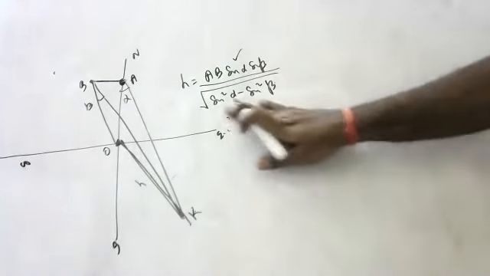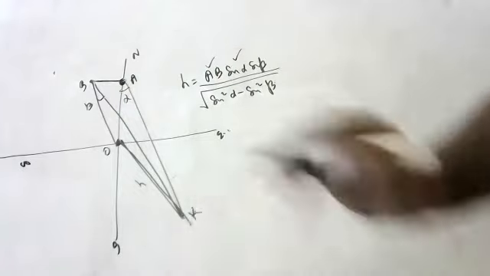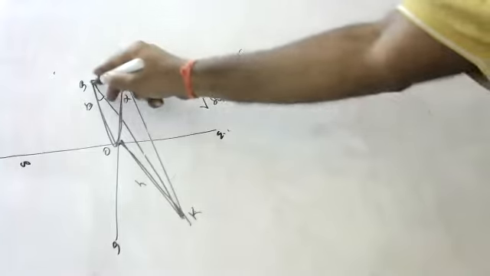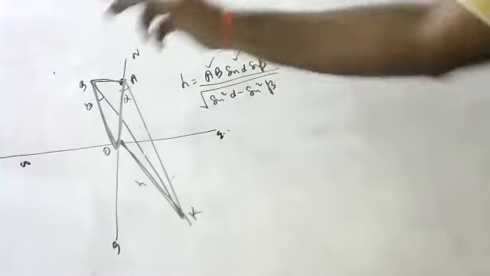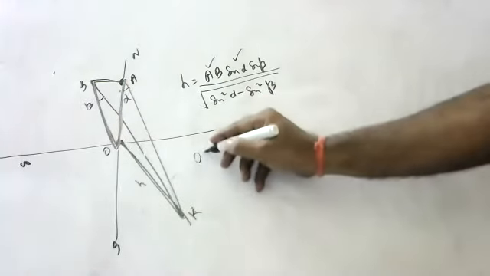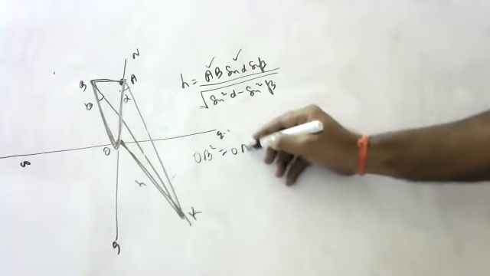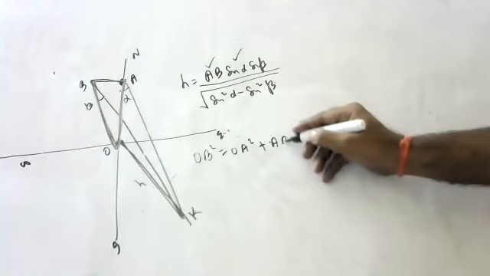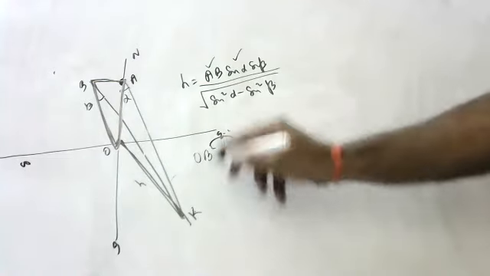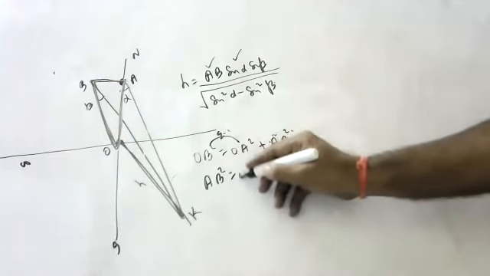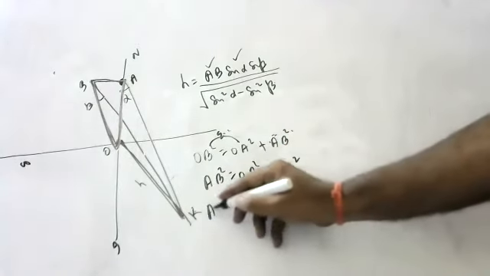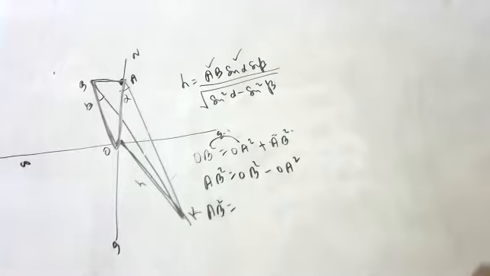Let me do one thing, children. Somehow I want AB, which means I want this boundary. Can anyone tell me the Pythagoras theorem for OBA? OB square is equal to AB square plus OA square. So AB square is equal to OB square minus OA square. There is no other alternative. Who is OB?